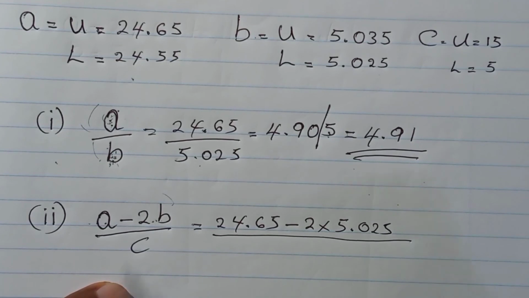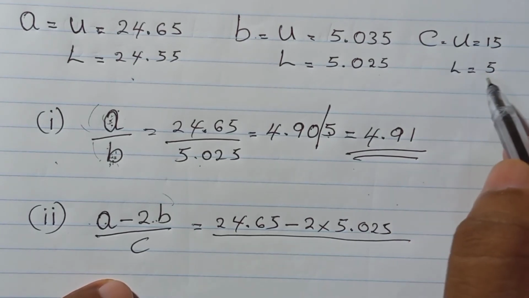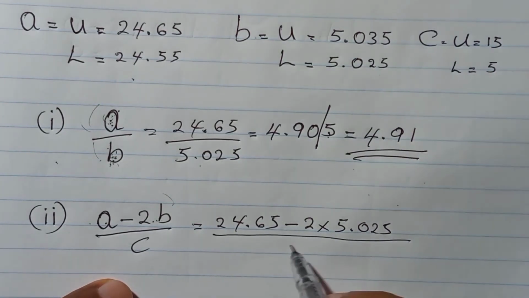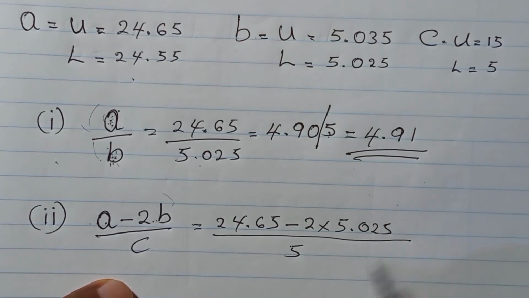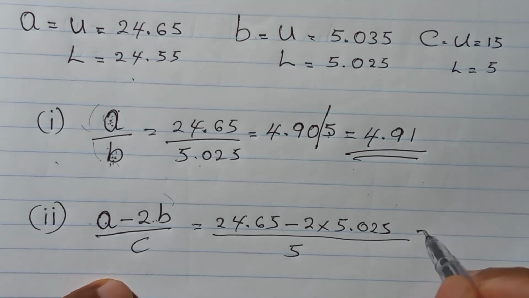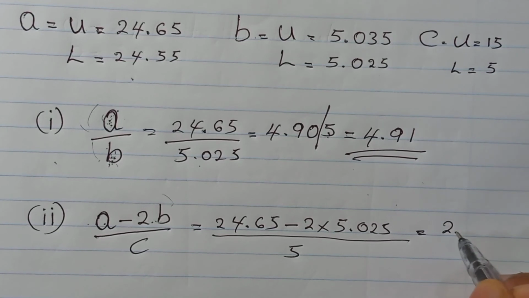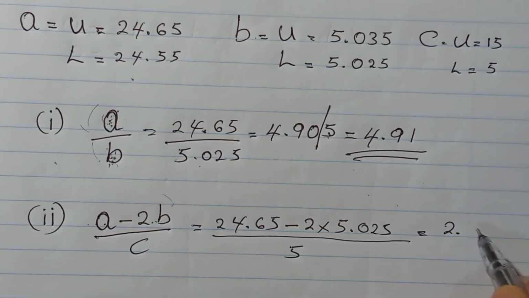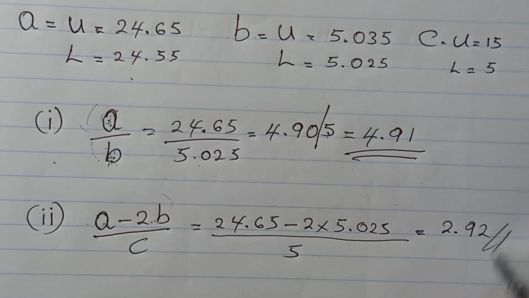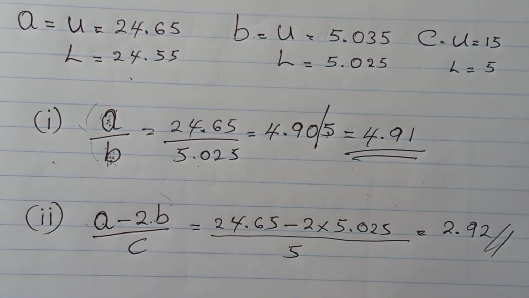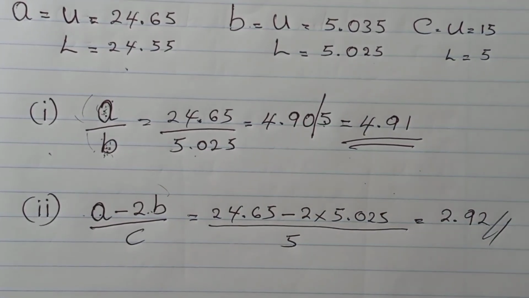So that's why you need to put for the C the lower one. The lower bound of C is 5, so I will put here 5. Now if you apply this on a calculator, your final answer will be exact, because they ask to write to 3 significant figures. So here the answer we will get is exactly 3 significant figures, that means 2.92, right? That's the upper bound of the second question, this one.